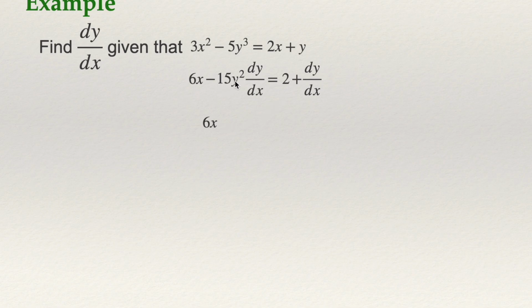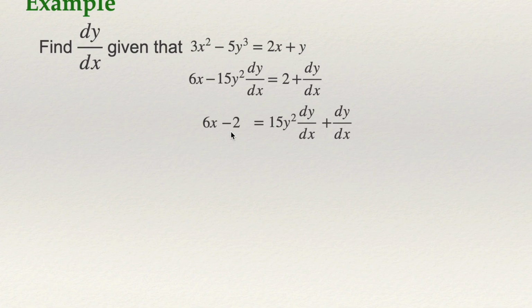This 15y squared dy/dx can be written at the other side as positive, so you can add 15y squared dy/dx to both sides. So you type the equal sign, and on the other side 15y squared dy/dx. These two will be at this side, it will be minus 2 because it doesn't have the derivative. So I'm going to type minus 2 and plus dy/dx.